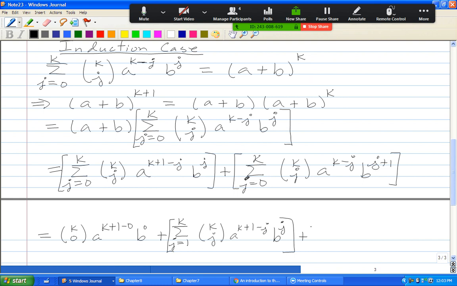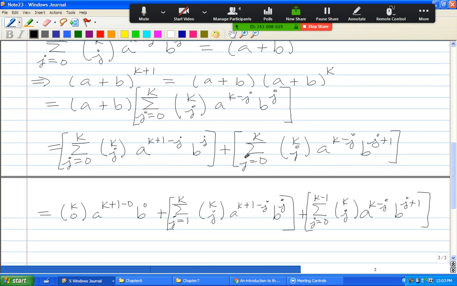Okay, so this is equal to the sum j equaling 0 to, well, not the last term, so k minus 1 of k choose j a to the k minus j b to the j plus 1, plus the last term.